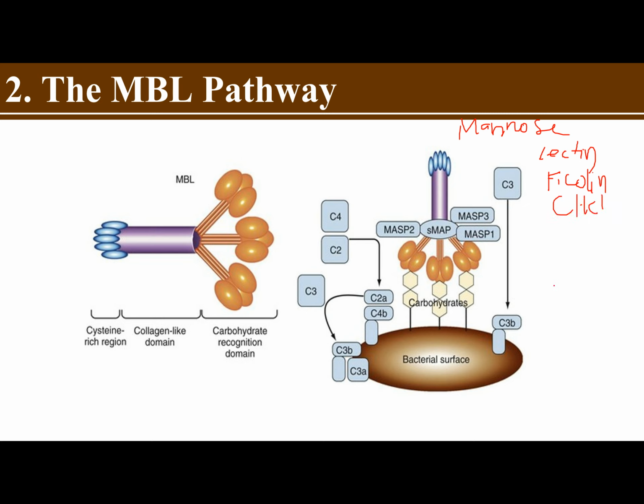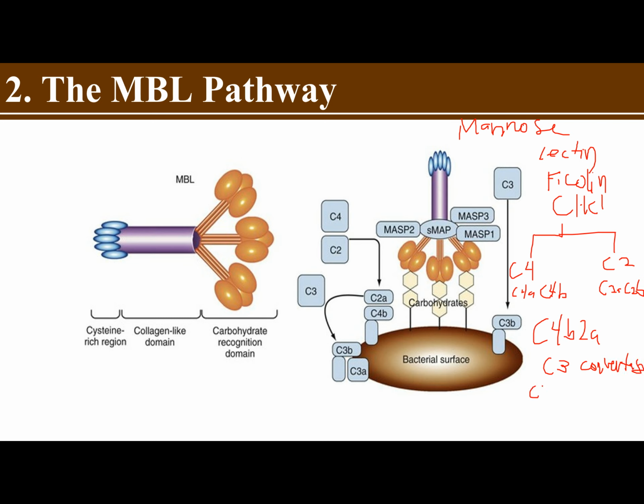Now, what happens here, class, is that it would cause the cleavage of your C4 and your C2, forming again C4A, C4B, C2A, C2B. Now, again, from the top, it will cause your C4B to form your C4B2A, known as the C3 convertase.